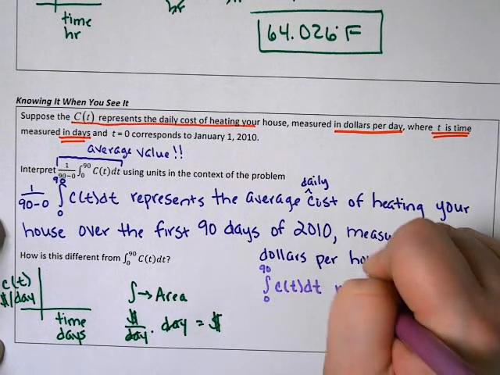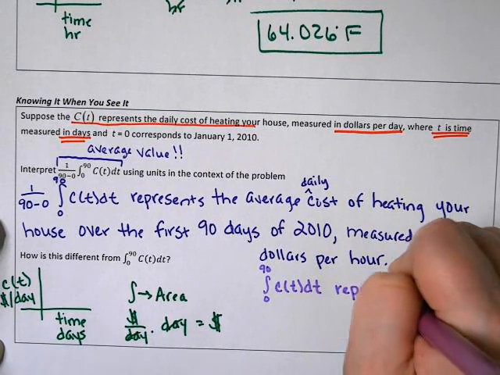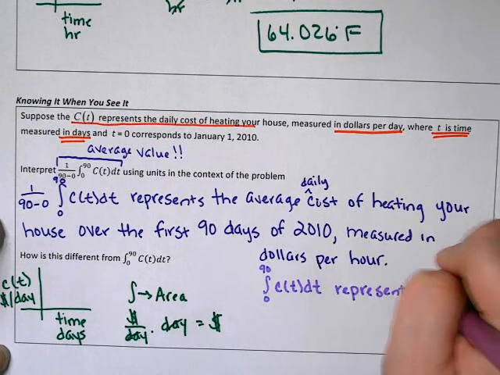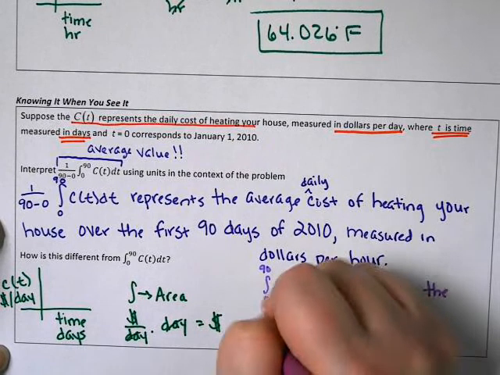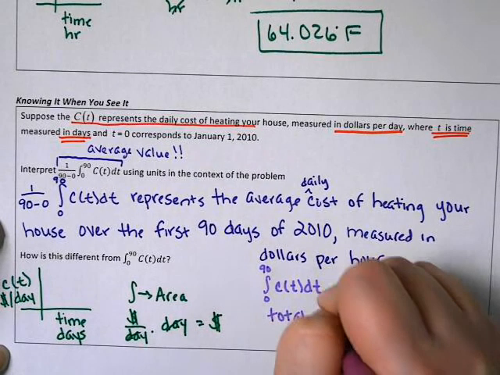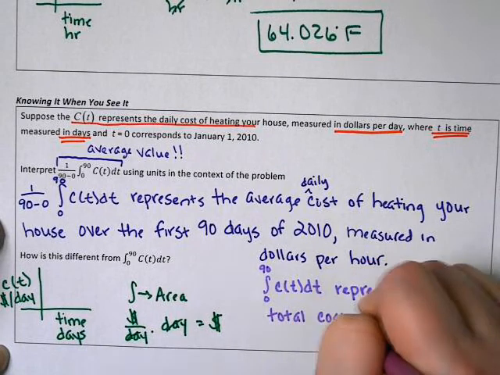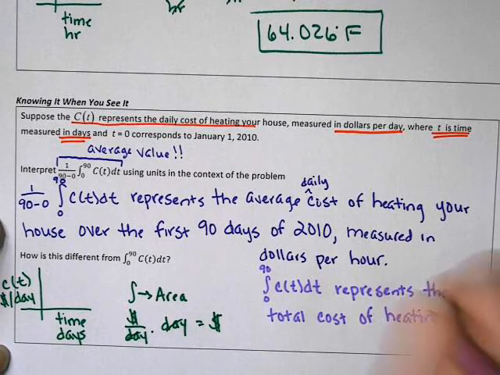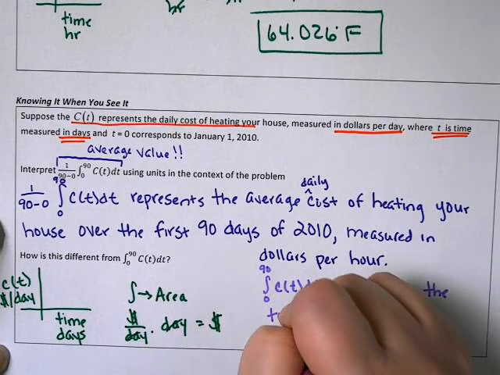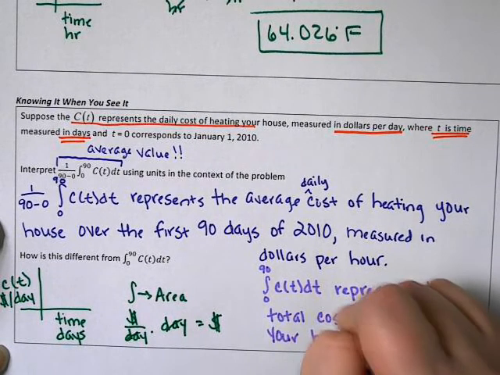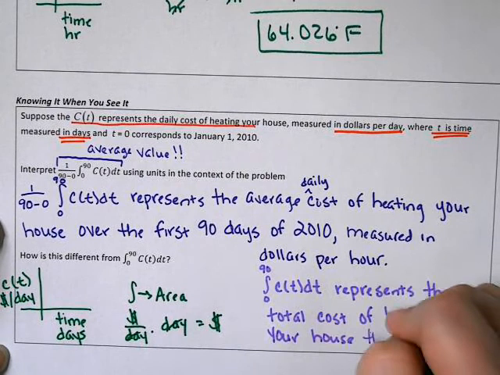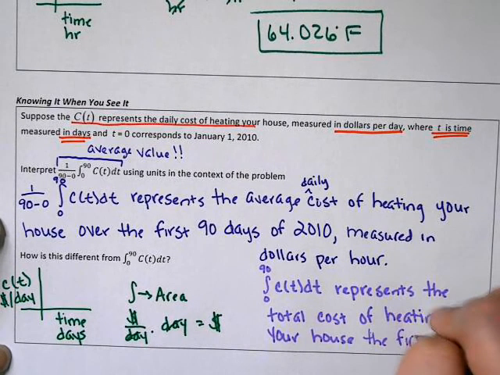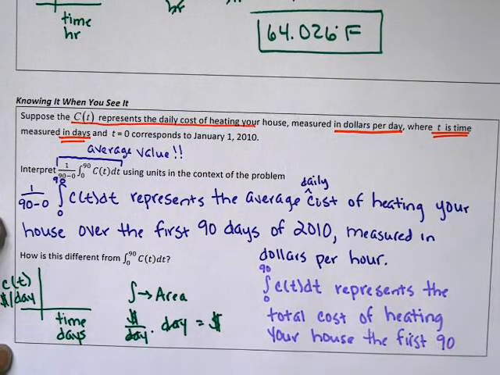Which means this integral, the integral from 0 to 90 of C of t dt, represents the total cost of heating your house the first 90 days of 2010. Can you guys still see? Okay, we're good.